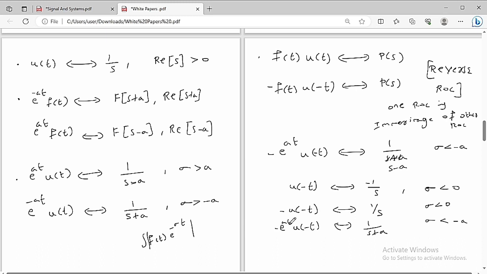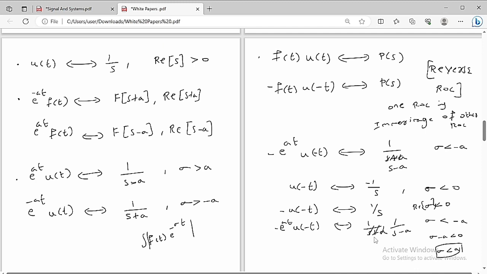So 1 by s becomes 1 by s minus a, and in place of sigma, the real part of s less than 0 becomes the real part of s minus a less than 0, that is sigma minus a less than 0, that is sigma is less than a.